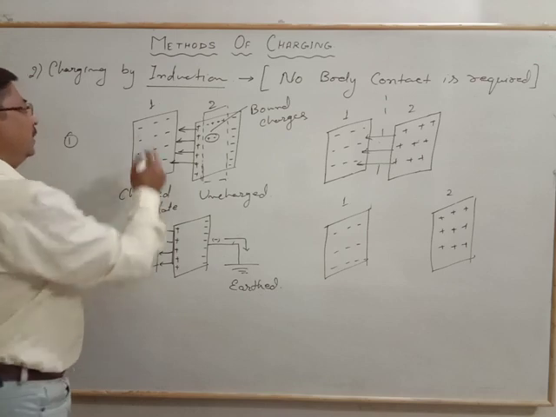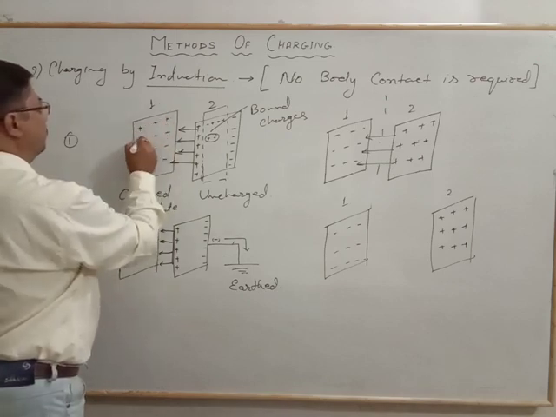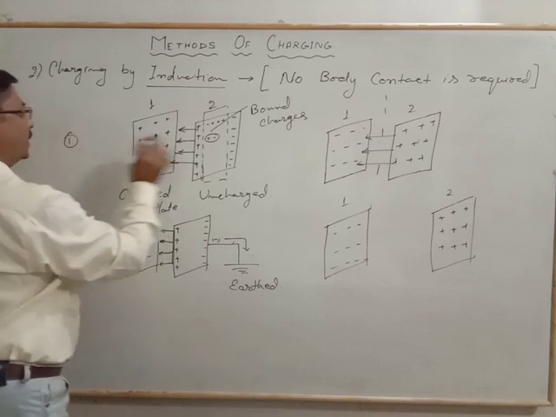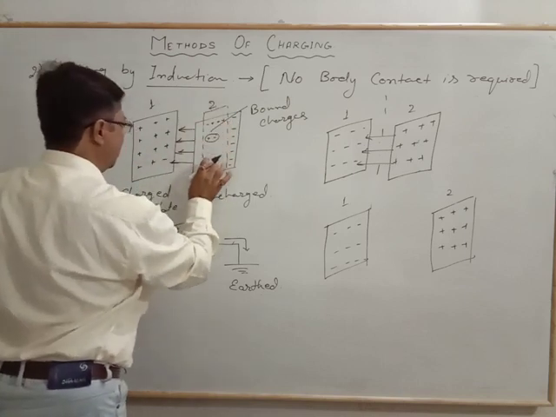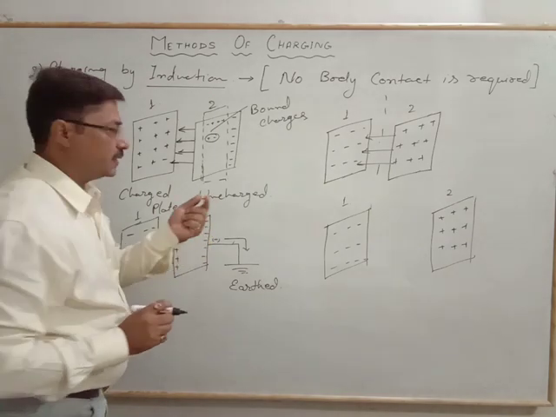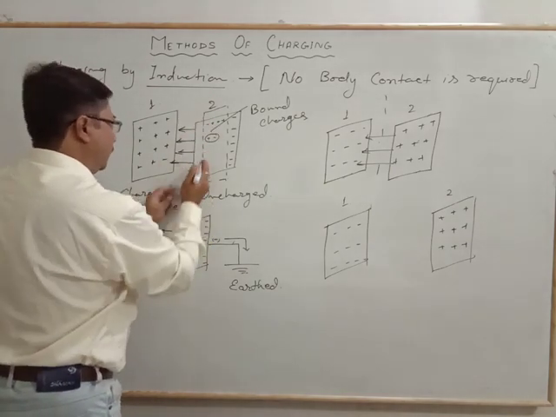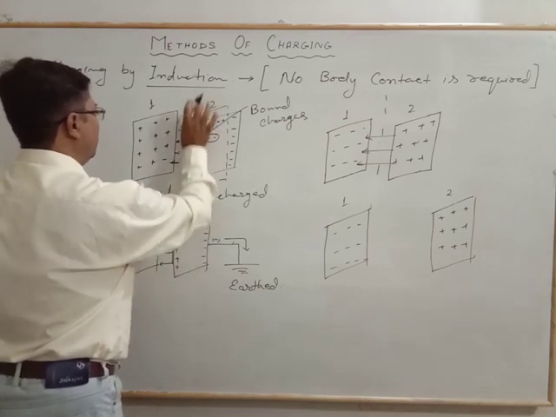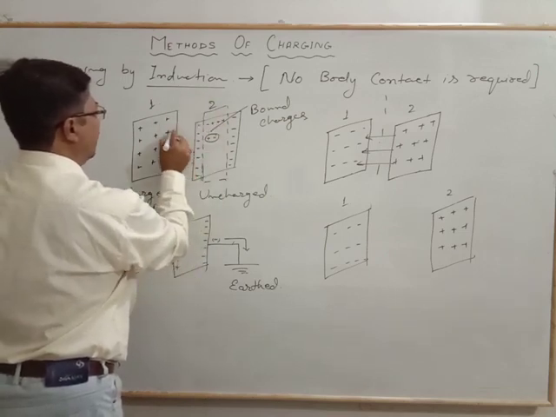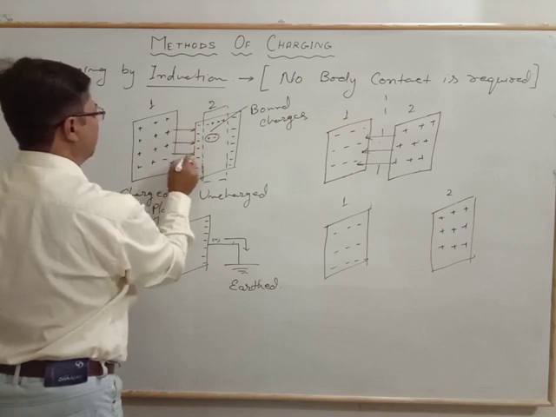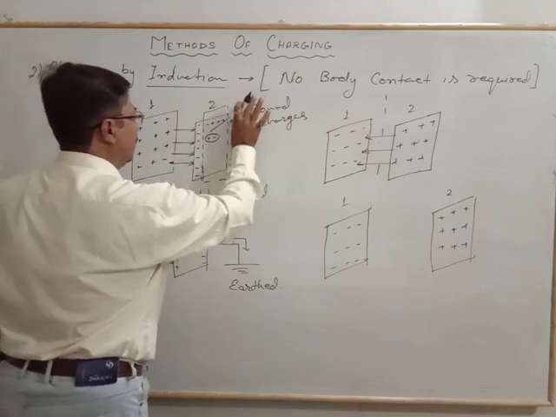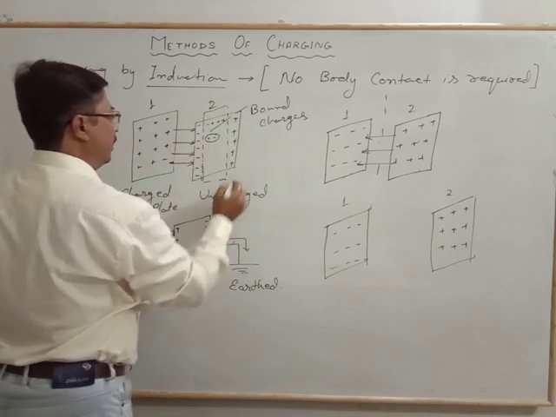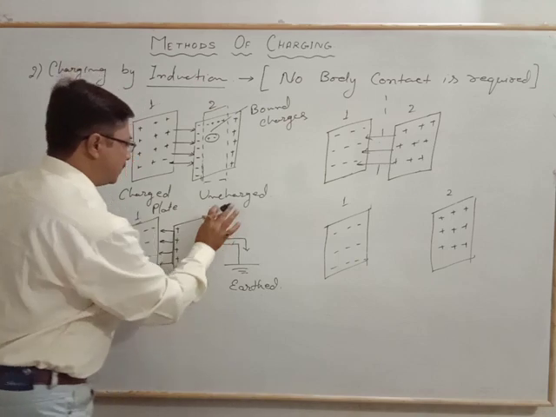If we consider positive plate number 1, listen carefully and try to understand: the front face becomes negative, and there is attraction from positive to negative, and the second face becomes positive. Now suppose we make an earth with this one.